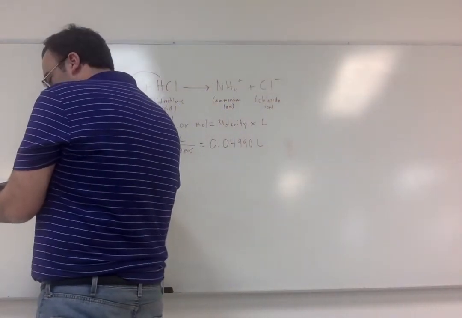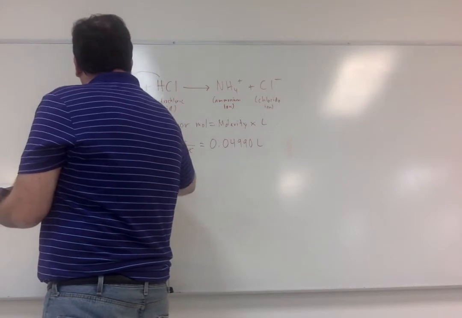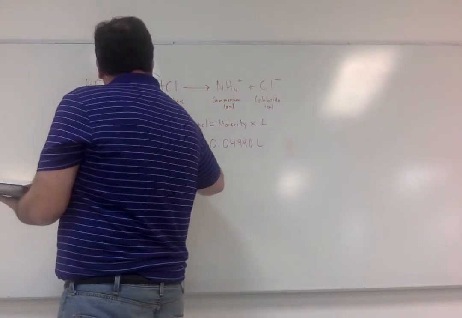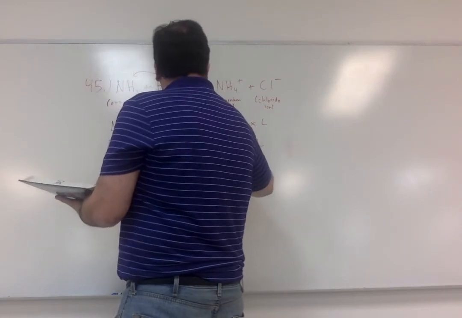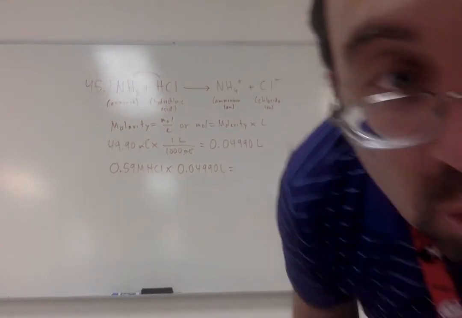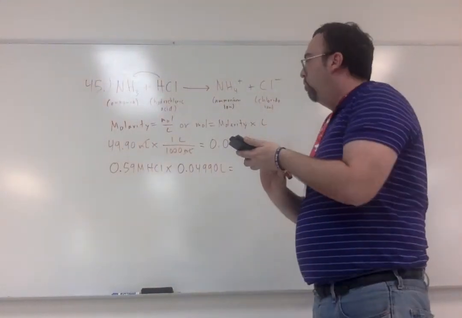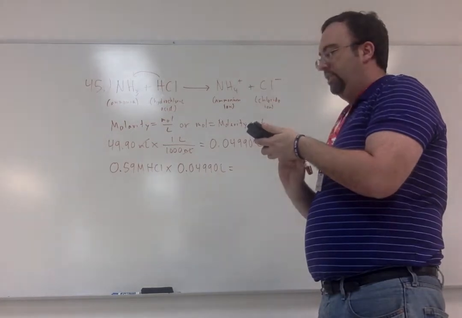Now we're ready to calculate the moles of our hydrochloric acid. So we have 0.59 molar HCl times 0.04990 liter. At this point, I'm going to need my calculator in order to solve this problem. 0.59 times 0.04990.